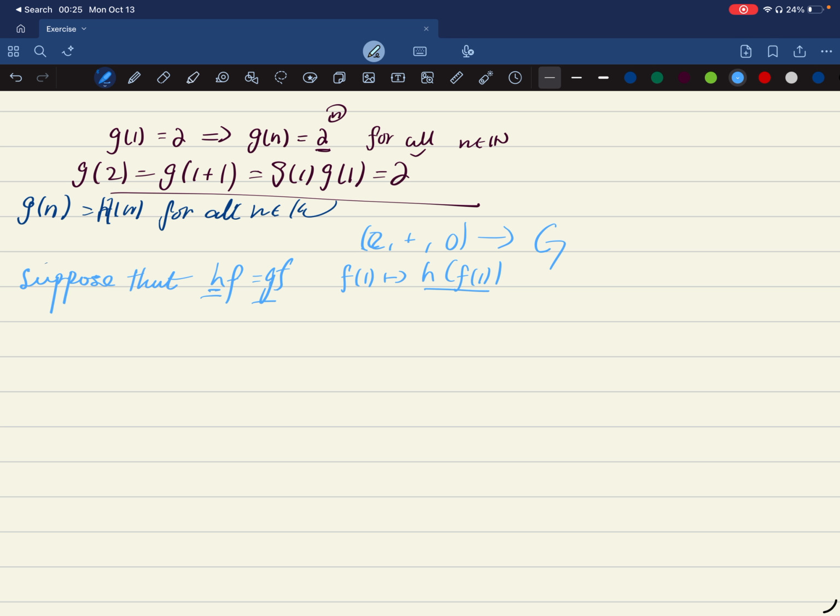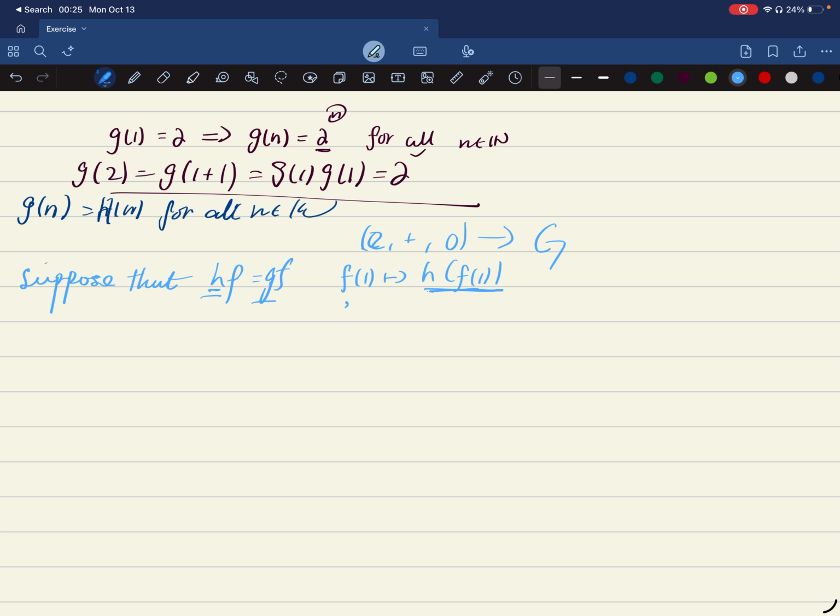This will determine a very unique group homomorphism, and it also implies for every value of this, we will always have... yes.